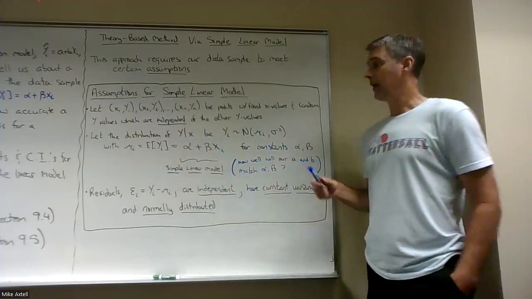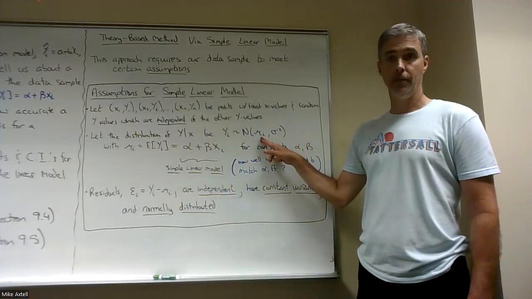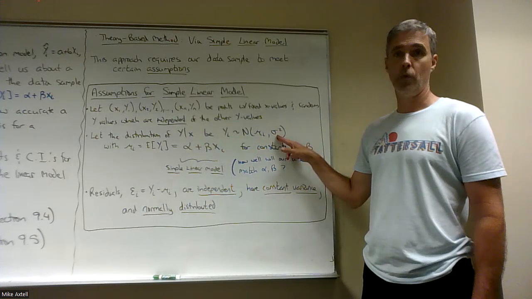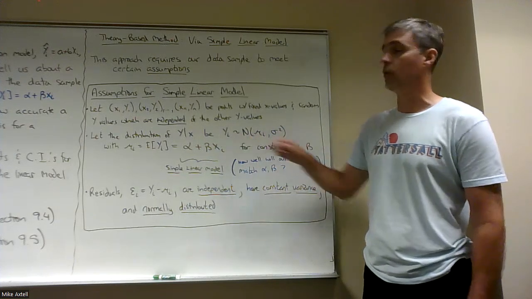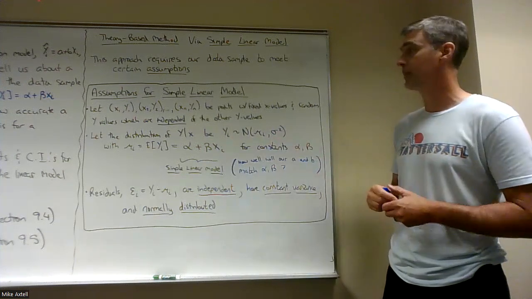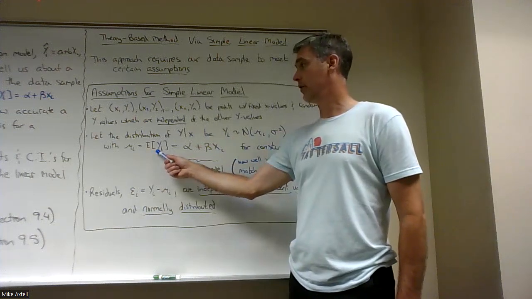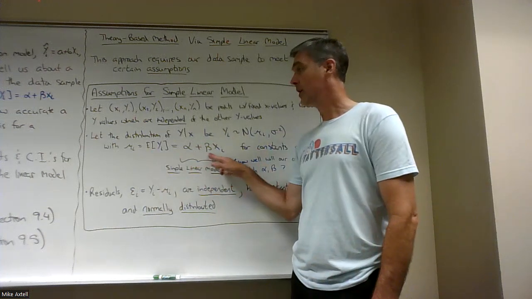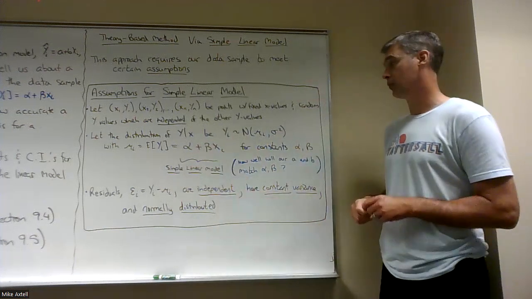For each x sub i, we might have a different mean, but the variance will always be constant, sigma squared. Mu sub i is the expected value of y sub i, and that's what we're hoping to fit with this simple linear model, alpha plus beta times x_i.